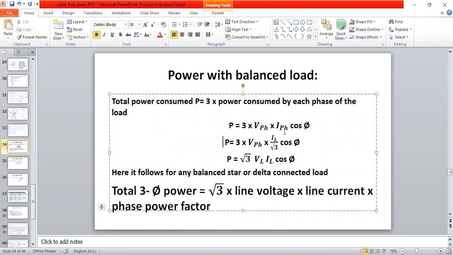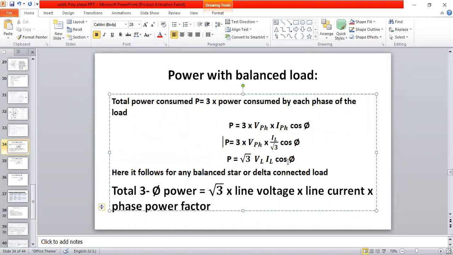Cos phi stays as it is. So 3 divided by root 3 is root 3: we write 3 as root 3 into root 3, one root 3 gets cancelled, and one root 3 stays. So we keep VL, IL and cos phi.